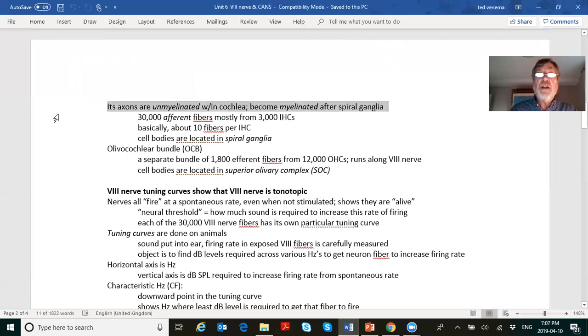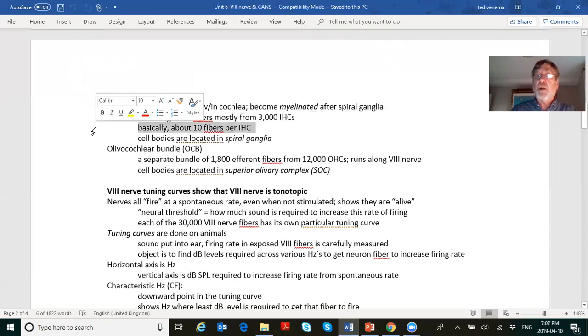You have 30,000 afferent eighth nerve fibers, and they come from 3,000 inner hair cells. So each inner hair cell is innervated by 10 eighth nerve fibers. Basically, 10 fibers per inner hair cell. The cell bodies of the eighth nerve are located in the spiral ganglia.